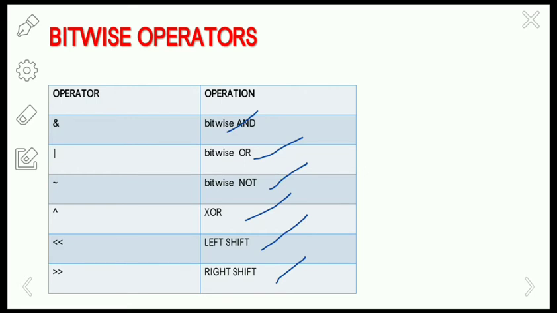For the bitwise AND operation, it is going to give 1 if both the bits are 1, otherwise it will give 0. We have seen this in the logical operations, right? In the logical operations we apply it to two conditions, two statements.